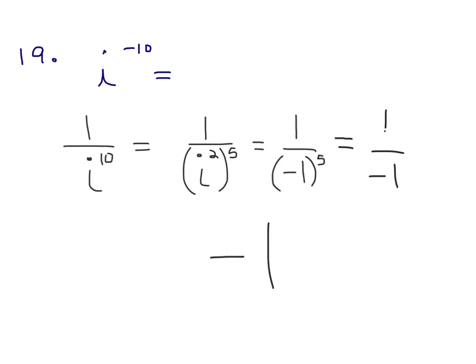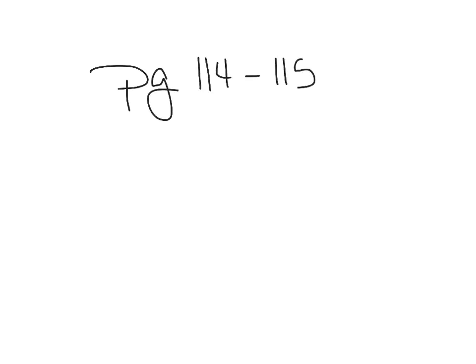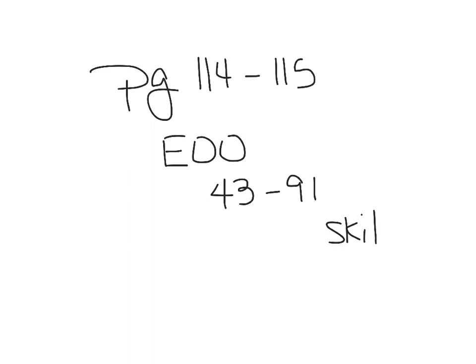So that concludes section 3. Your homework again is pages 114 to 115. The instructions say every other odd, starting at 43 through 91, also skipping 81.